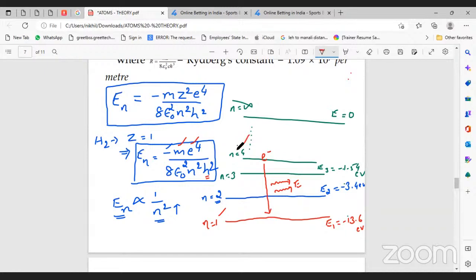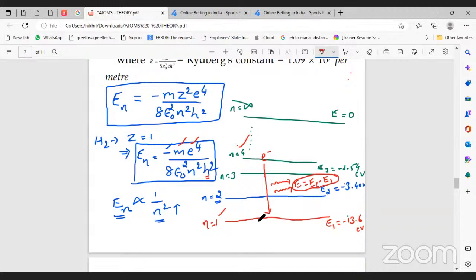You just take the difference of the fourth orbit energy minus the first orbit energy. So E equals E4 minus E1. This is the energy emitted by the electron when it comes from the fourth orbit to the first orbit.